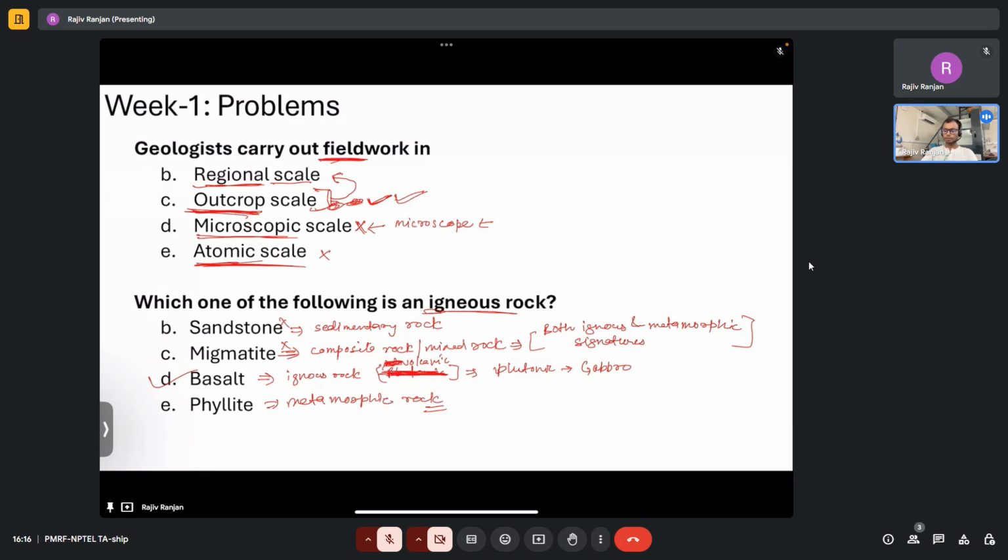Structural geologists mainly investigate: A. Igneous processes, right? B. Deformation structures. Option C. Geochemical signatures in rocks. Option D. Mineral composition in rocks. So, what do you think?